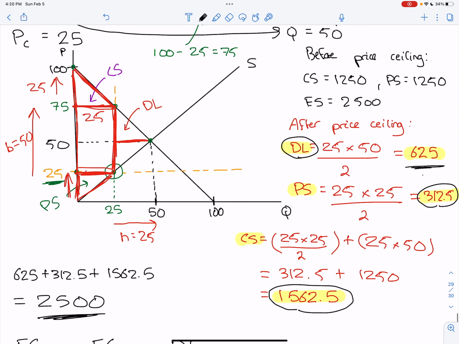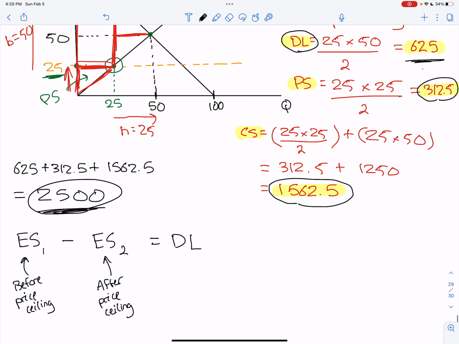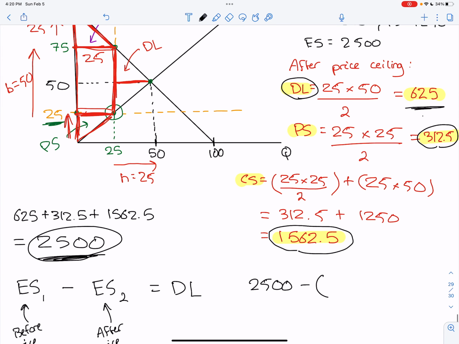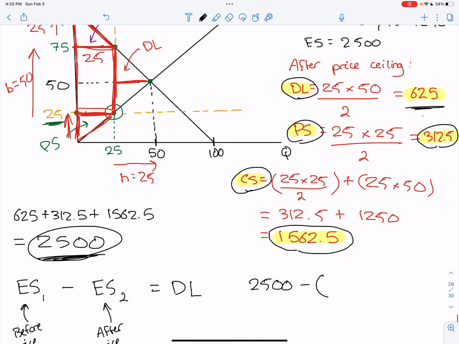Okay? So what was our economic surplus before the price ceiling? It was 2,500, right? So 2,500 minus, what's our new economic surplus, right? It's just our consumer surplus plus our producer surplus, right? Minus 1,562.5 plus 312.5.